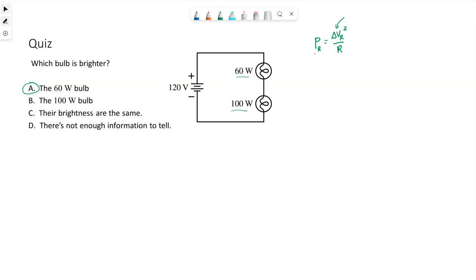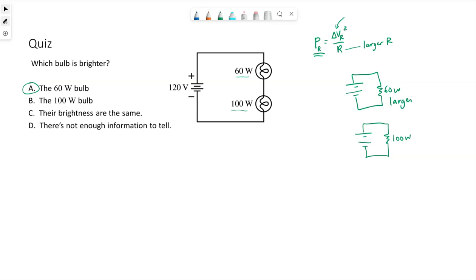If that were the case, meaning I attached just the 60-watt light bulb, or I attached just the 100-watt light bulb, which is what this is based off of, they would have the same delta V. So when we think of the smaller power, it comes because of a larger resistor.